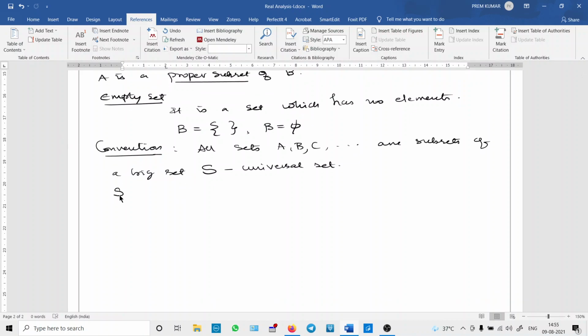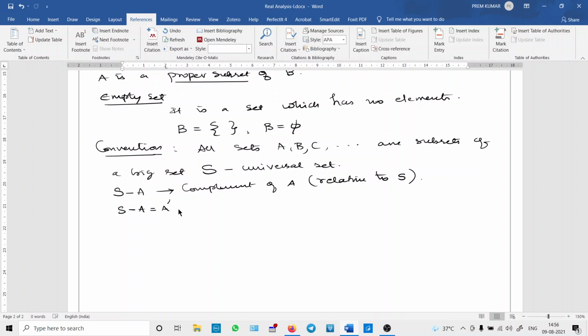And suppose this is a universal set, S difference A is the complement of A. Complement of the set A related to S. Very important. And we write the complement of A simply with the symbol A dash. These are the notations we will be using.